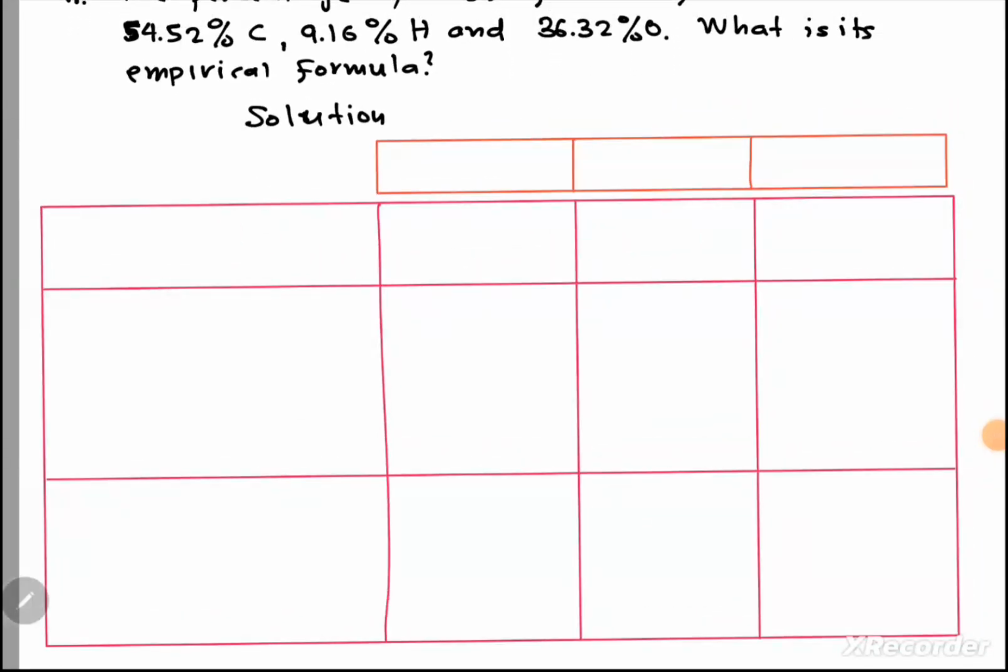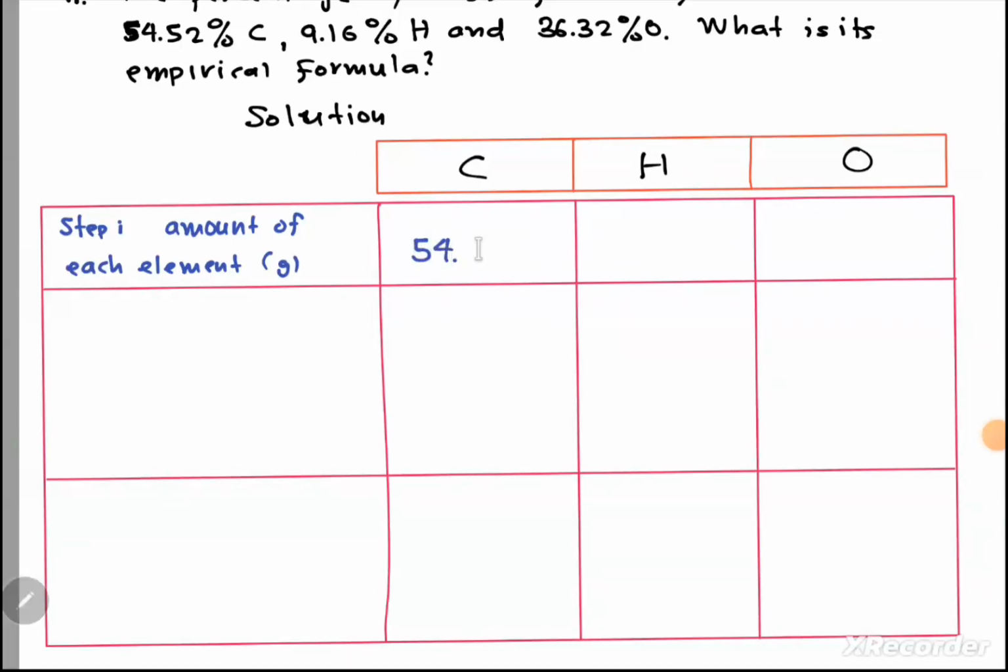In the first step, we write the amount of each element in 100 grams of the organic compound. Step 1. Amount of each element in grams.